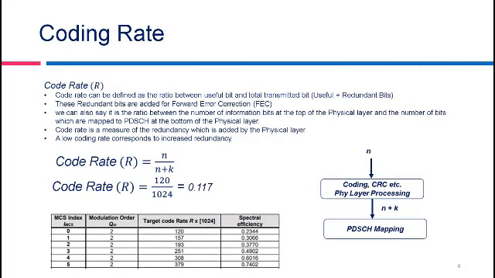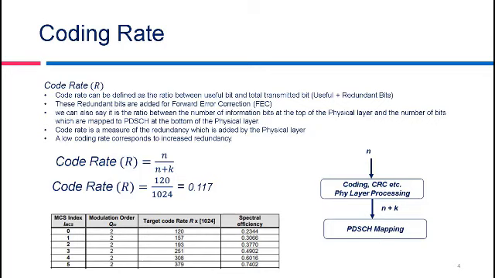The second property of modulation and coding scheme is code rate, or we can also say coding rate. Code rate can be defined as the ratio between useful bits and total transmitted bits. And this total transmitted bits is useful plus redundant bits.